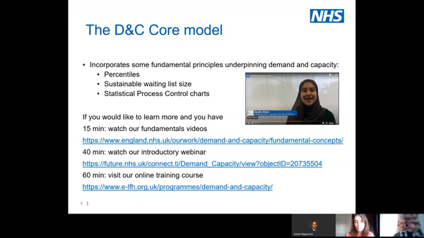If you would like to learn a bit more about the principles underpinning demand and capacity, for example, percentiles. So percentiles is about where do you set your capacity. Sustainable waiting list size, I've just mentioned that, or statistical process control charts, which are used in the core model to look at your data and decide whether your data is good enough to predict.